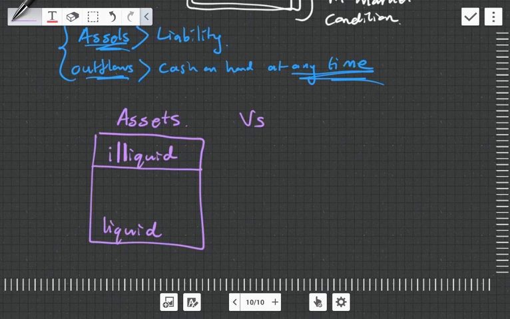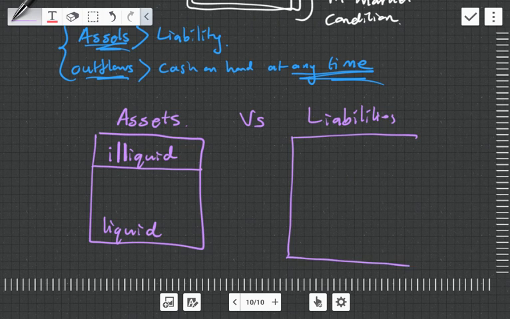We're also going to look at our liabilities, and divide them into two groups. The one group we consider our stable liabilities, which is when we've made loans to people that mature at a guaranteed time.